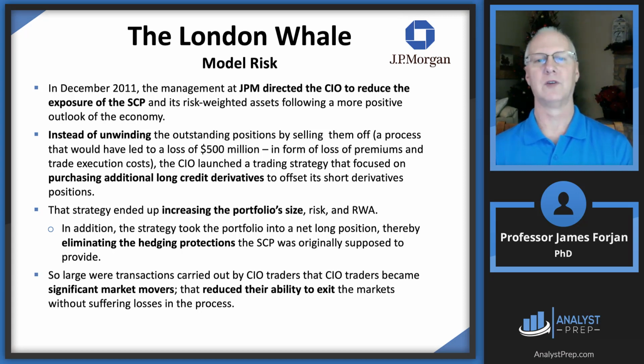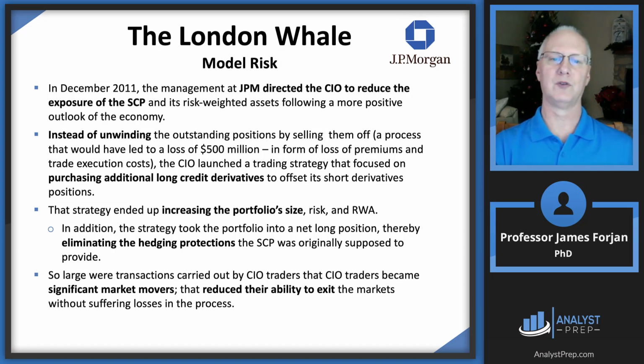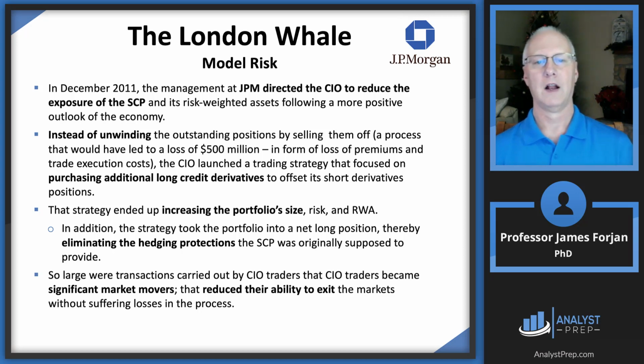Oh my goodness gracious. So what happened was that in December of 2011, the management decided to reduce the exposure and its risk-weighted assets following a more positive outlook of the economy. And so instead of unwinding these positions, which would have produced a little bit of a loss, they launched a strategy to try to recover those losses and then turn them into gains.